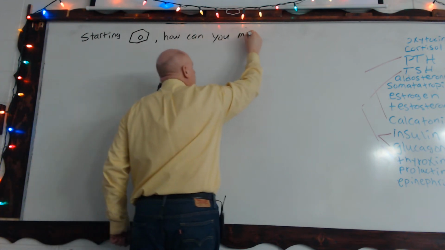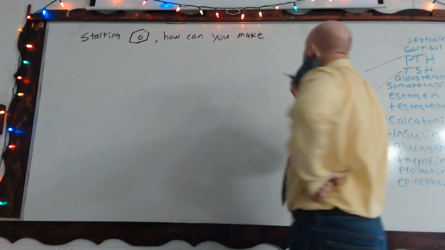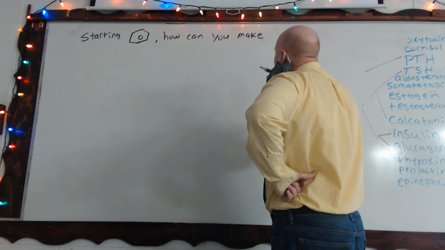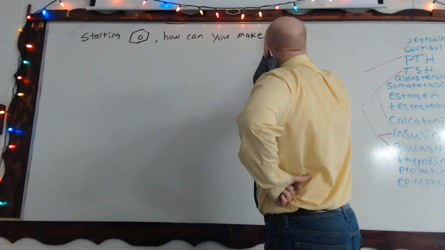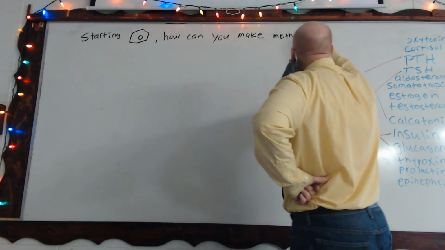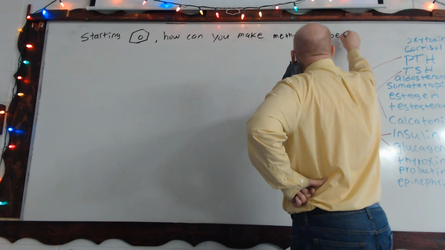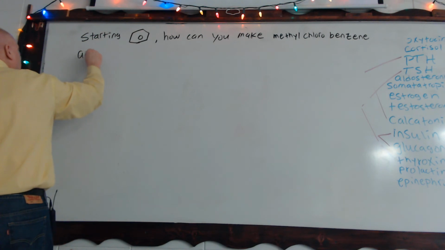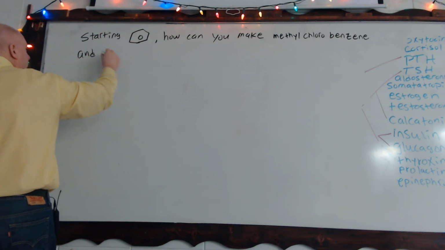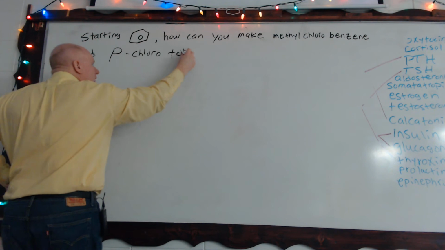How can you make, we'll say methyl chlorobenzene, parachlorotoluene.